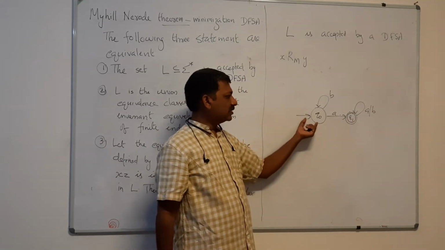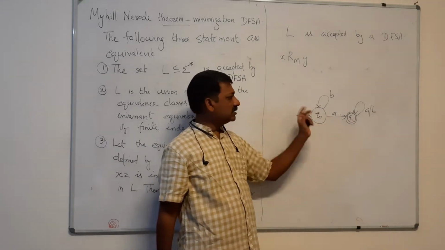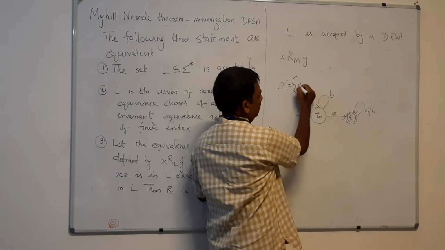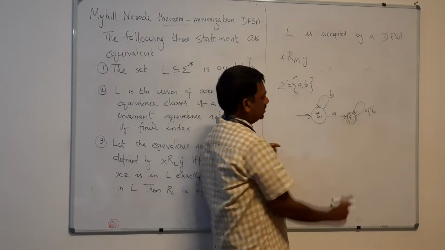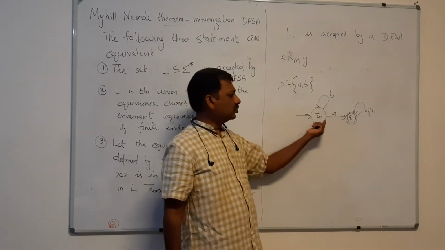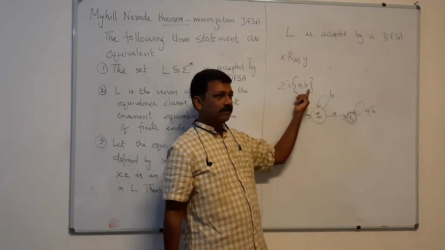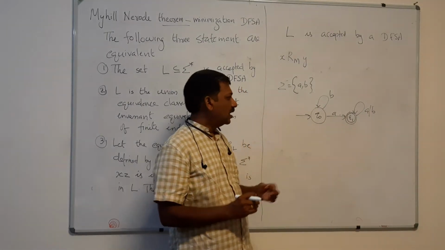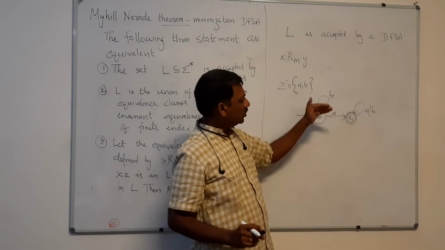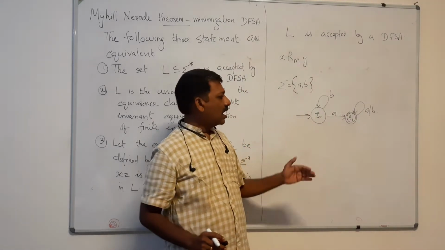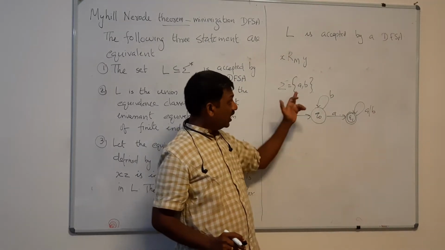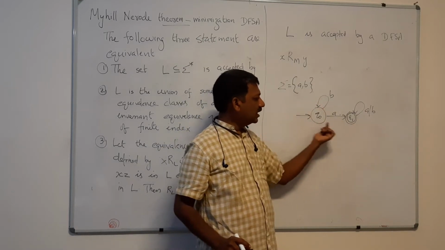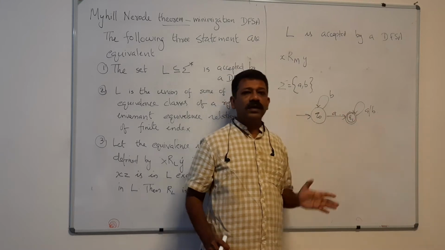Here the input alphabet sigma is the set {a, b}. That means input is restricted to small a and b. You can input any number of a's and b's, but if you give a single a, that will switch to q1 and it will be accepted.